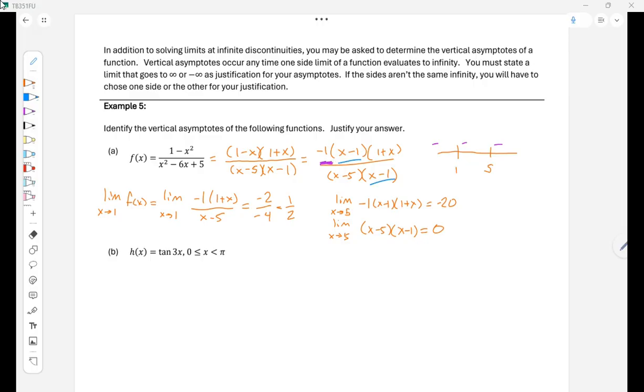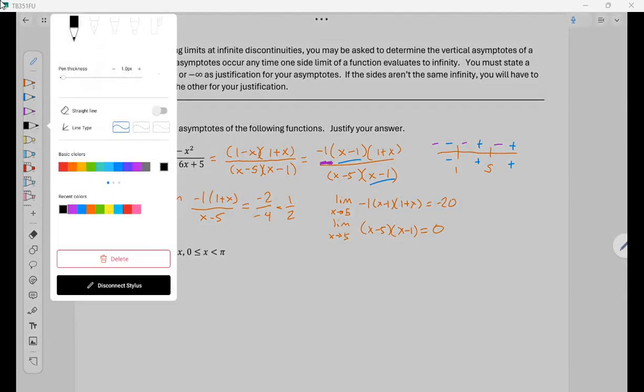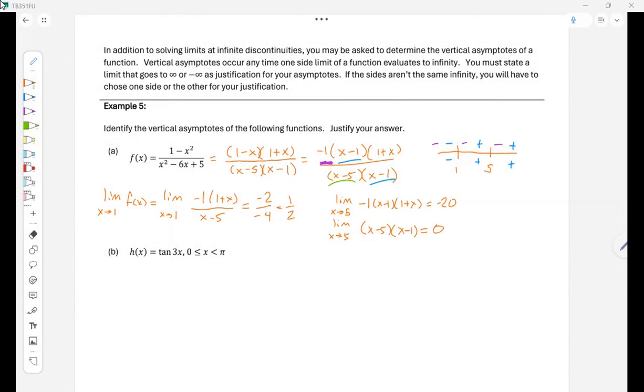X minus 1 shows up in the numerator and in the denominator. Optional to put it there. I'll show it. Negative before 1, positive after 1 is doing nothing towards the overall sign of this sign chart. Finish off with x minus 5. Negative before 5, positive after it. I think I'm good there. So my overall signs are plus, plus, minus.